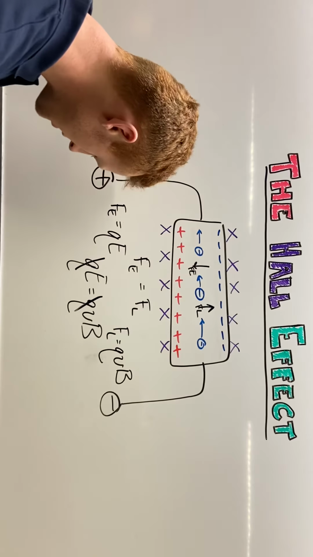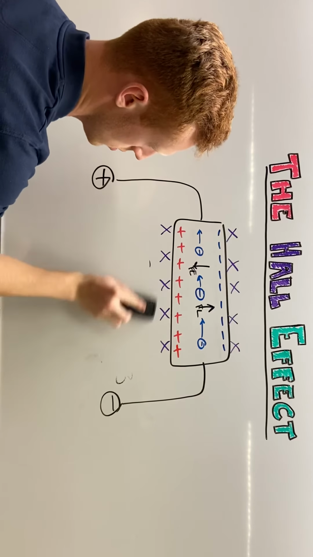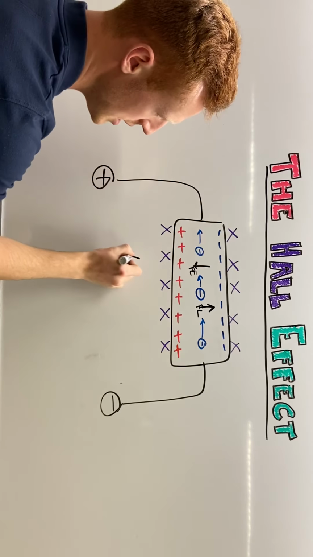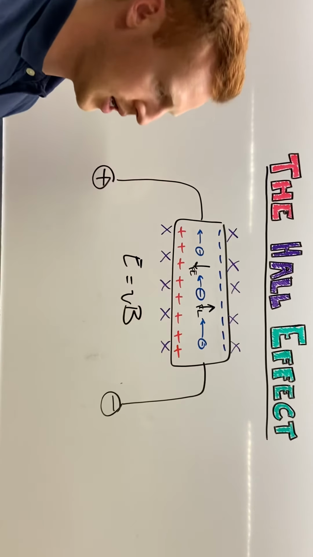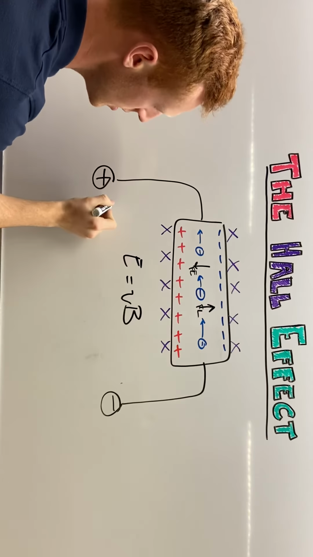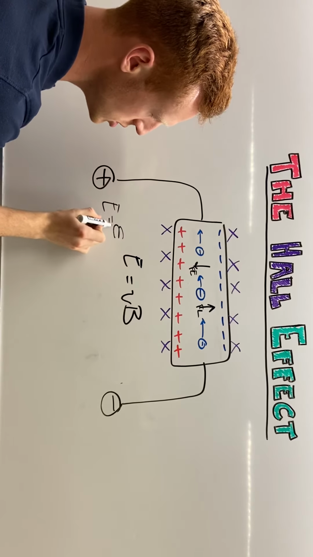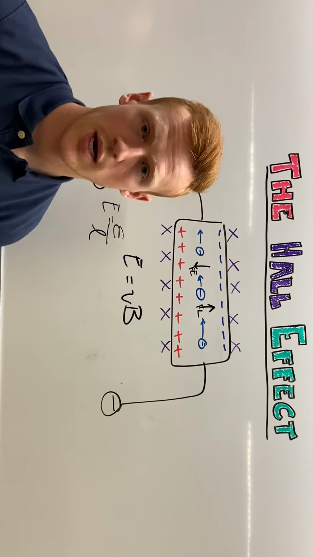So I'm going to clean this up just a little bit to give us more room. We have E equals VB. Now we still want to get the voltage that we can measure, okay? And what does E, the electric field strength, describe? It describes the EMF voltage over the width of our plate or wire, whatever we're talking about.